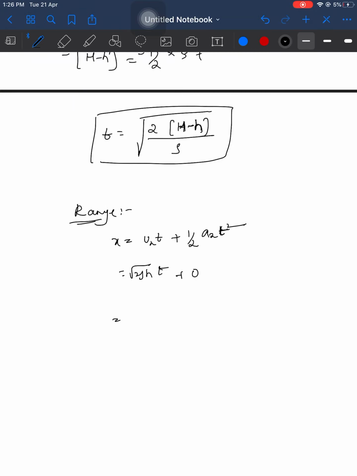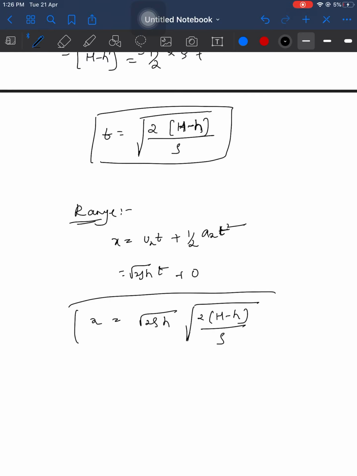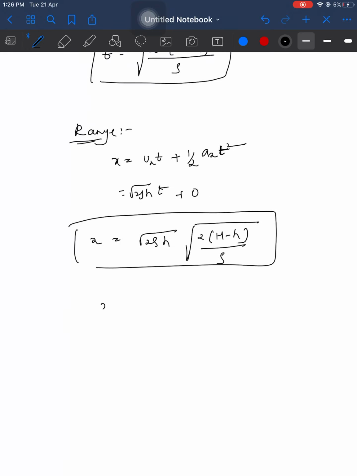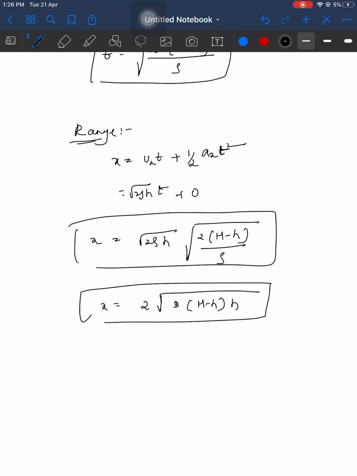Substitute: x is equal to square root of 2gh into square root of 2 into (H minus h) by g. If you simplify, x is equal to 2 into square root of (H minus h) into h.